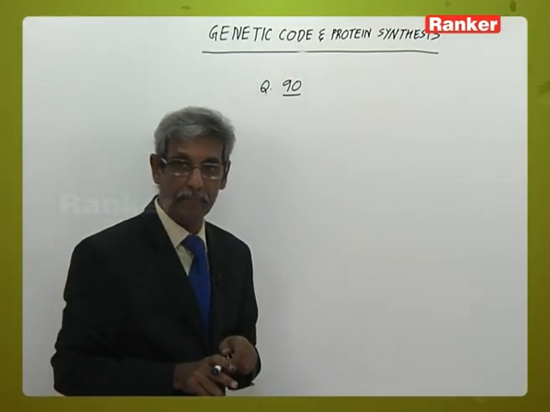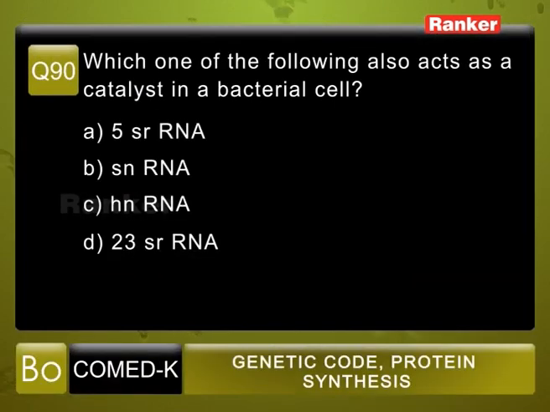Question number 90. Which one of the following also acts as a catalyst in a bacterial cell? The choices are A. 5S rRNA, B. snRNA, C. hnRNA, D. 23S rRNA.